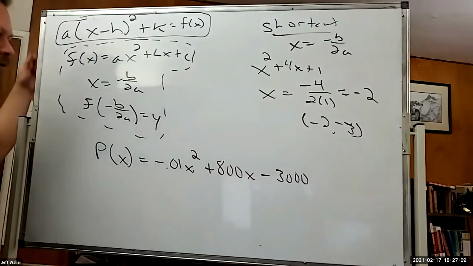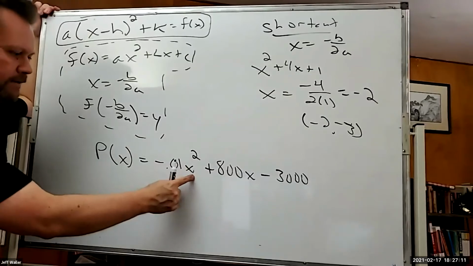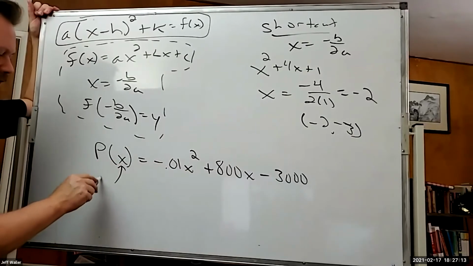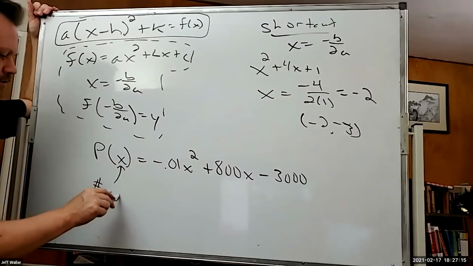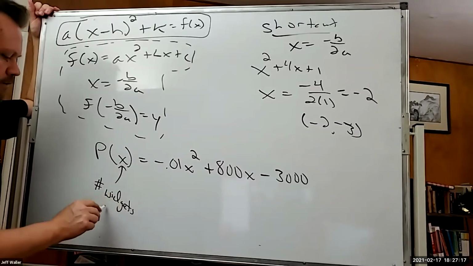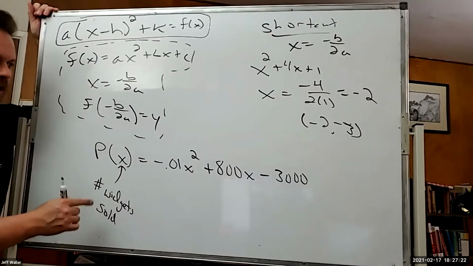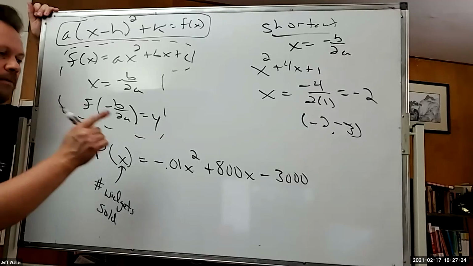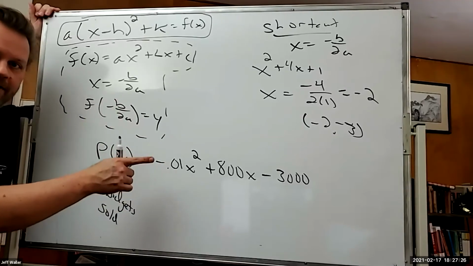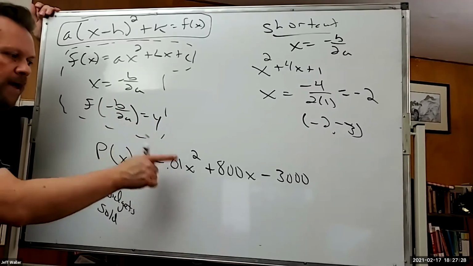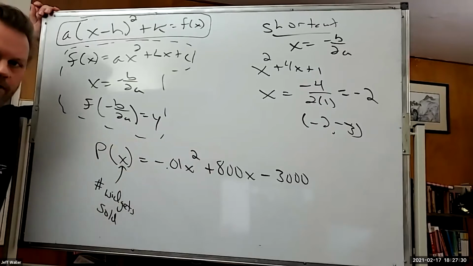All right, let's see what happens. Where x is the number of widgets sold. How many widgets should I try to make and sell to make the most profit? How do I know there's going to be a maximum for this function?